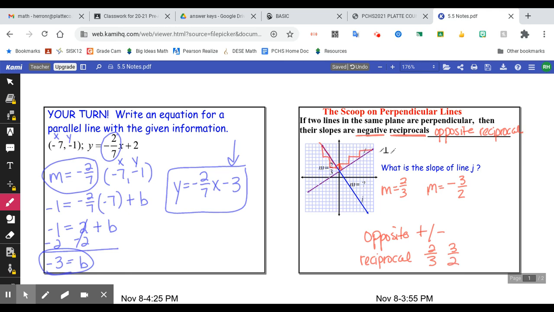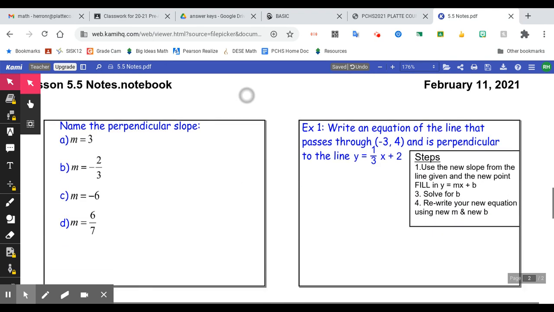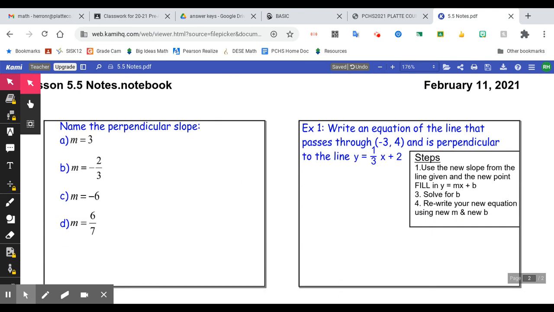Okay, so let's take a second and let's practice just doing the slopes themselves to figure out what it would be if you used a perpendicular slope. So again, we're thinking about two things each time: opposite and reciprocal. Okay, so this one right here would be positive 3, so I know my slope is going to be negative.